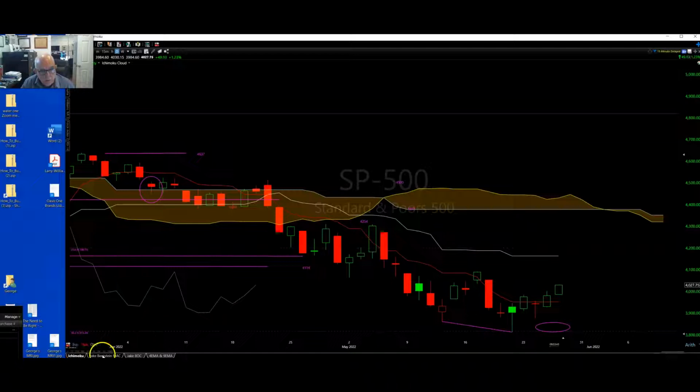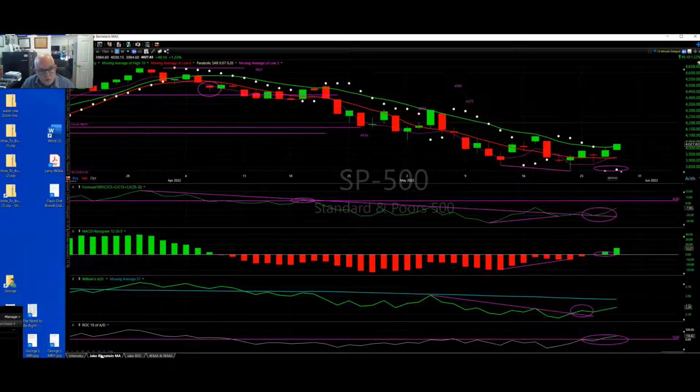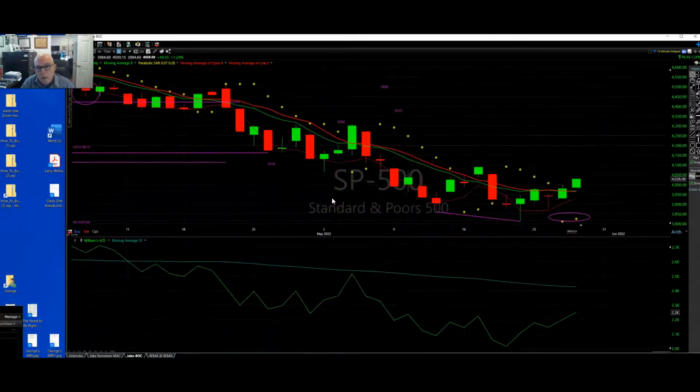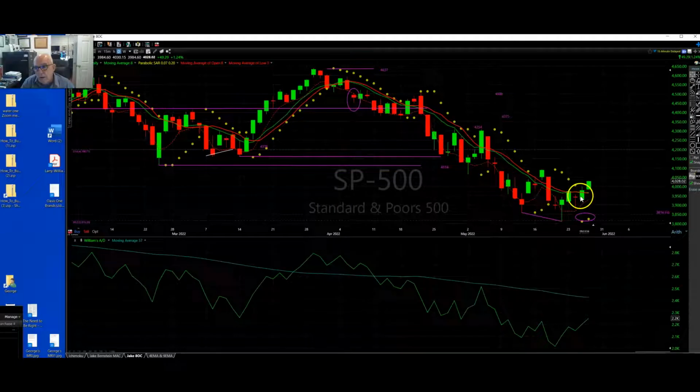All right, this would be what we were just looking at, Jake Bernstein's. This is a chart that Jake uses too. And this is a chart that tells us whether we are in an uptrend or downtrend. When the green line is above the red line, let me tell you what this chart is about. It's an 8-day moving average of the close plotted in green, and an 8-day moving average of the open plotted in red.